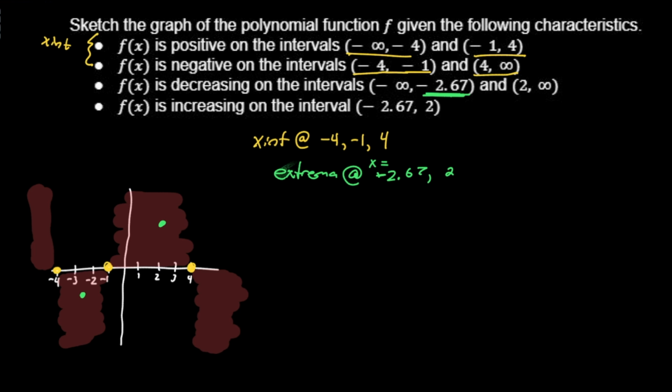So now we just have to draw this in best we can, make it a little pretty. Remember that polynomials have smooth curves, no points. So I might have something that looks something like this as my graph. And there we go.